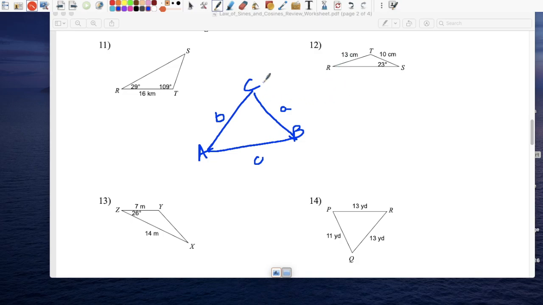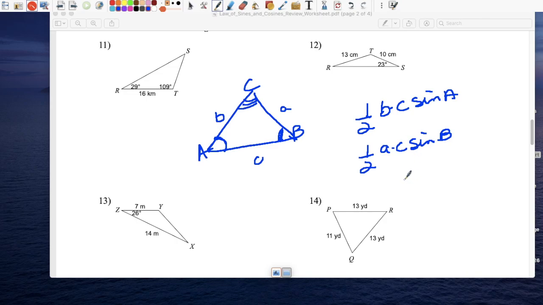If you had angle A, you would do half of B times C sine of angle A. If you had this angle over here, it would be half of A times C sine of angle B. And if you had this one over here, it would be half of B times A sine of angle C.